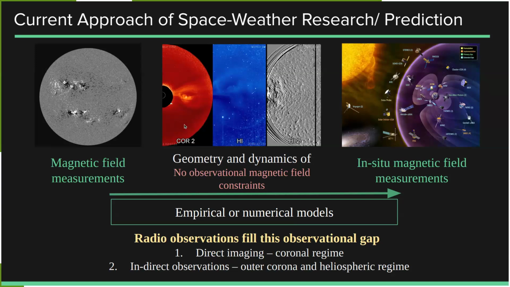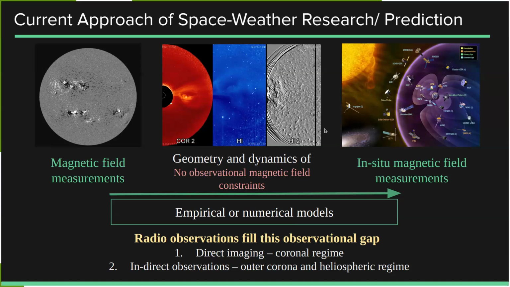In between, we have coronagraph and heliospheric imager observations in white light that provide the geometry and dynamics, but do not directly provide any observational constraint on the magnetic field strength. These observational gaps are currently filled with different empirical, analytical, or numerical models. Radio observations can fill this observational gap of CME magnetic field measurements in the corona and heliosphere.